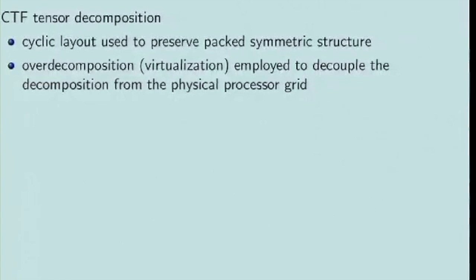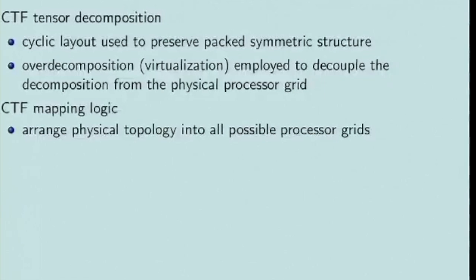I guess these 2 points I've already mentioned. But the way the mapping logic works is that we try to map to all possible processor grids. And the set of processor grids is based on some starting physical topology. So on a machine like the Blue Gene, either P or Q, we can actually infer the topology that we're given, and we work with that torus as the basic topology, the subset of the torus that we're given.